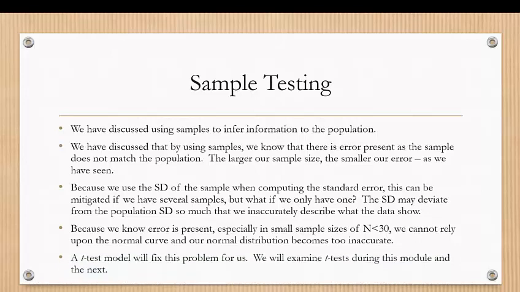In order to do this, we'll take a look at the t-test model, and this will fix the problem for us. We'll examine the t-test during this module and then discuss it as we move into the next module, because it will naturally flow in, though we will spend some time working on this module.